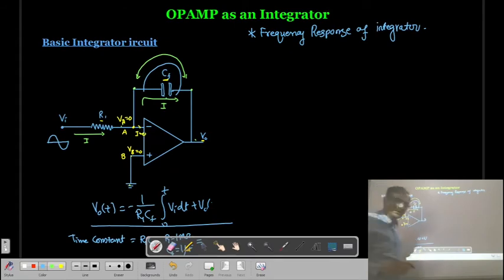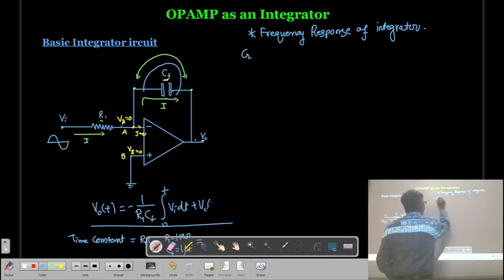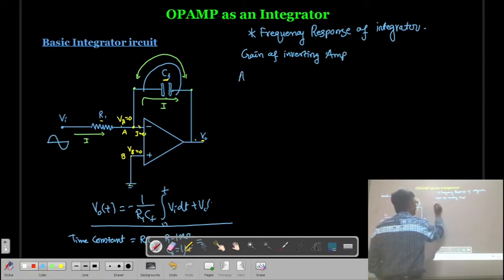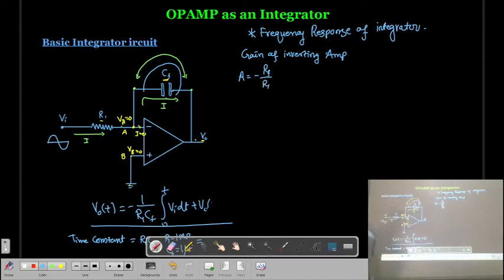So I have to consider the reactance of the capacitor. So the gain of the inverting amplifier, A, is given as minus Rf by R1. Correct? That is the basic formula.